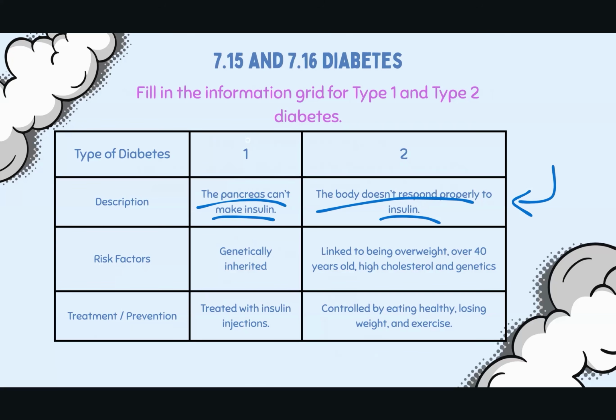Risk factors. Type 1 is genetic, inherited. By risk factor means what causes it. Now type 2 is linked to being overweight, over 40, high cholesterol, and it can also be linked to genetics.